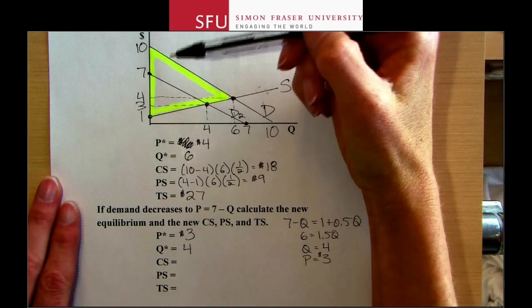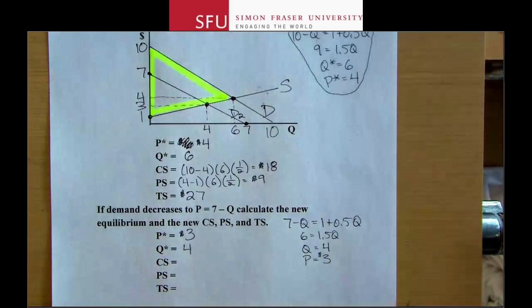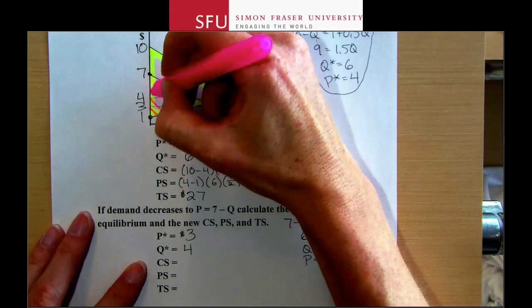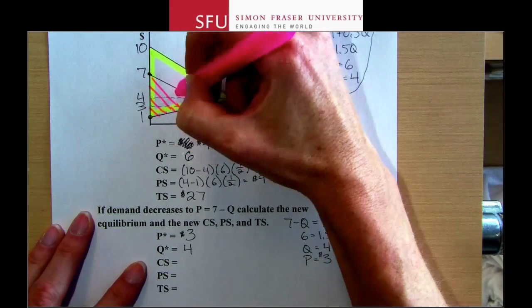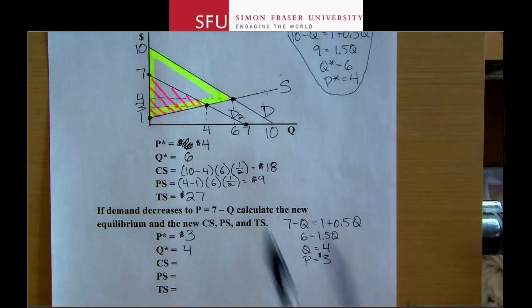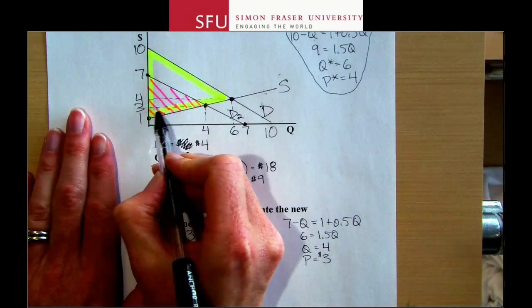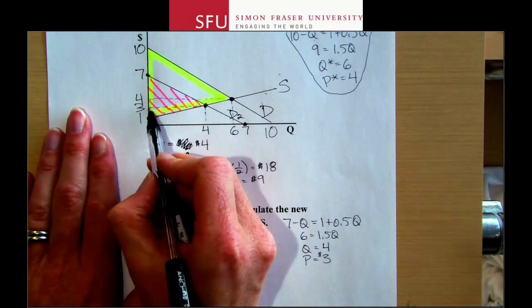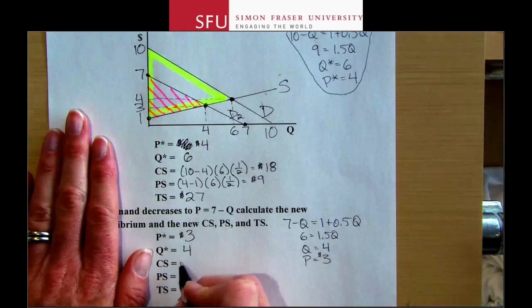Okay, consumer surplus. Or actually, okay, I'll just do total surplus, and then let's look at where that's divided up. Okay, so consumers get the top triangle above the price. So from 7 to 3 over to 4.